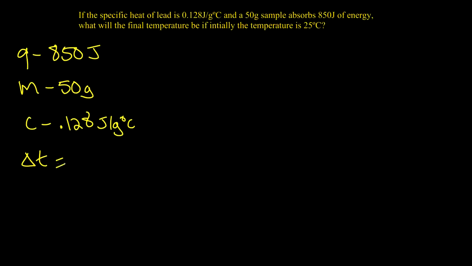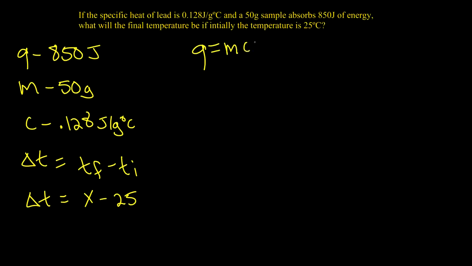What will the final temperature be if initially it's 25 degrees? Alright, so the change in temperature is temperature final minus temperature initial. We're looking for the final, so that's going to be X. We have an initial, so that's 25. So my delta T is X minus 25. So let's plug into our formula.